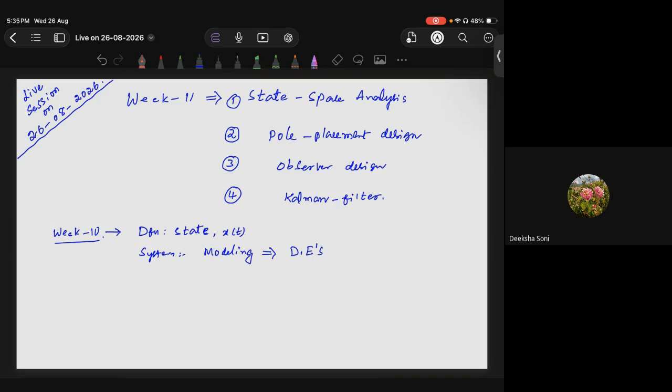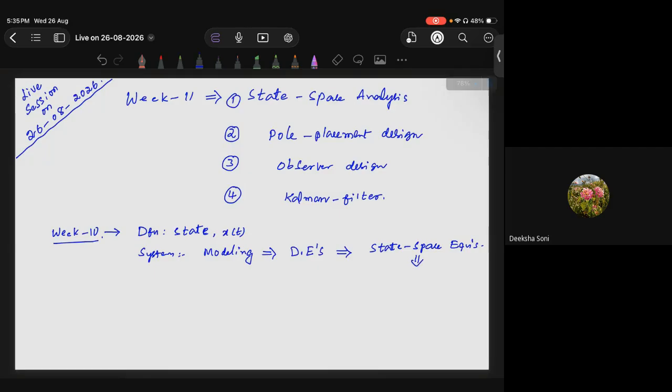In the state space approach, using these differential equations we form the state space equations.